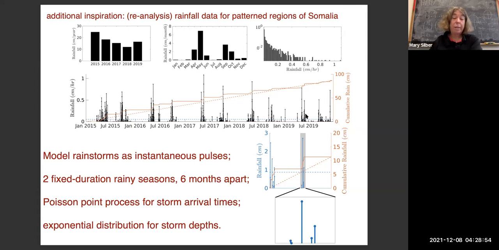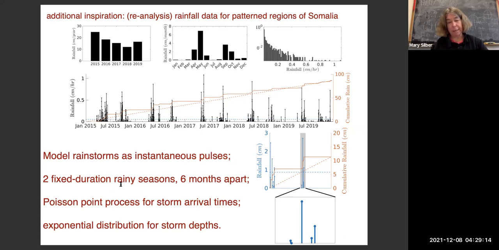So the way that we're going to model the storms is we're going to make them instantaneous pulses to the system. So we're not going to actually resolve the rainfall. We're just going to say there's instantaneously a storm that came and deposited water on the surface. We're going to take 2 rainy seasons per year.